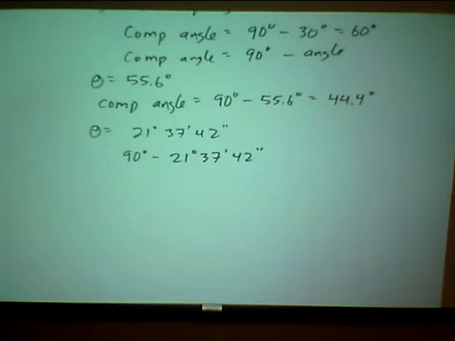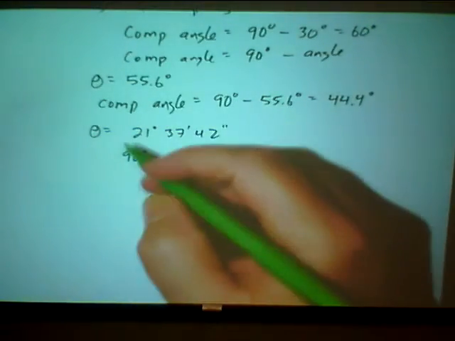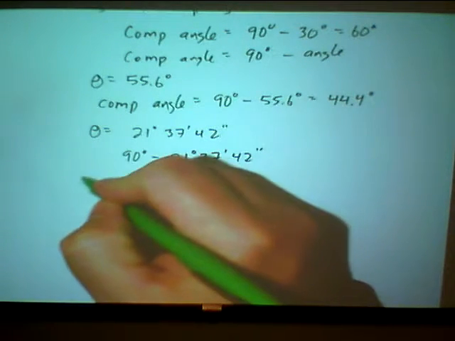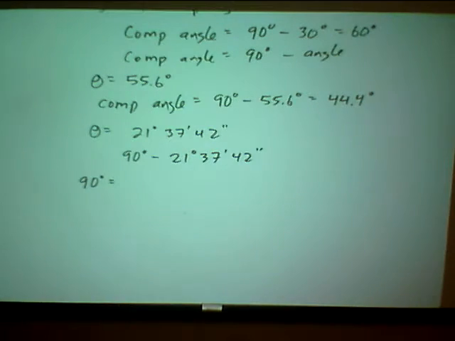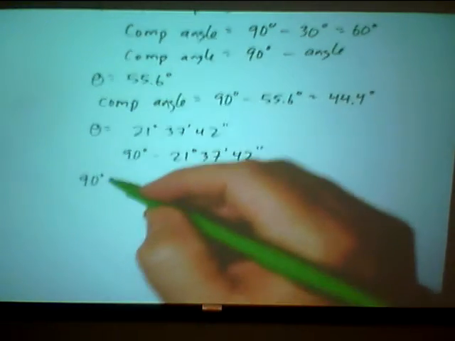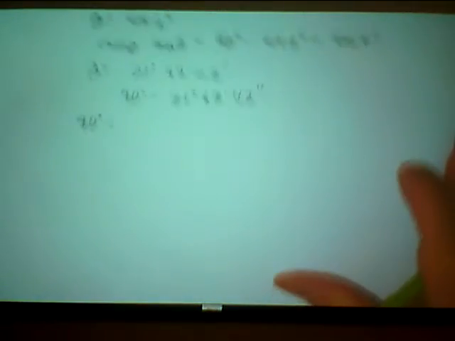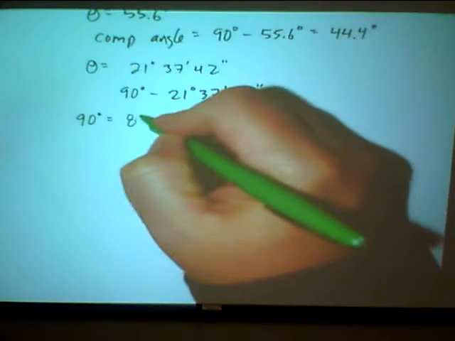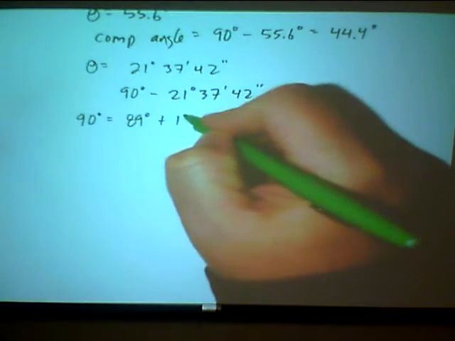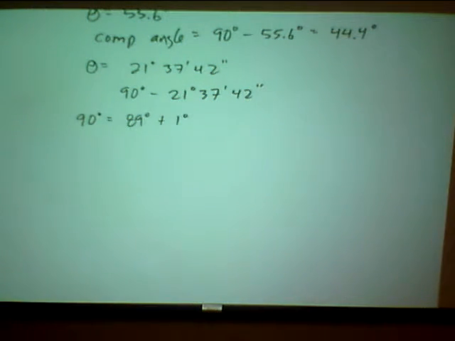All right, here's a little trick we can do to figure this out pretty easily. I'm going to take this 90 degrees and rewrite it in a sense. Here's what I'm going to do. I'm going to break it up into 89 degrees plus 1 degree, right? 89 plus 1 is 90.